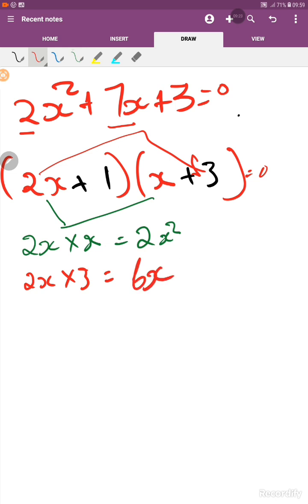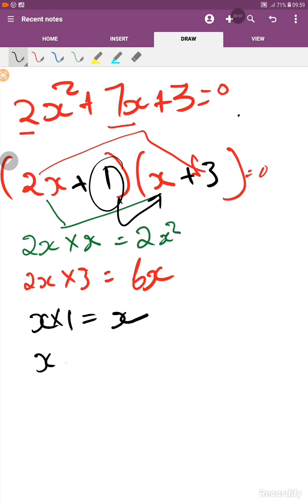Therefore we're going to say that 1 multiplied by x is going to give us x, and then 1 multiplied by 3 is going to give us 3.